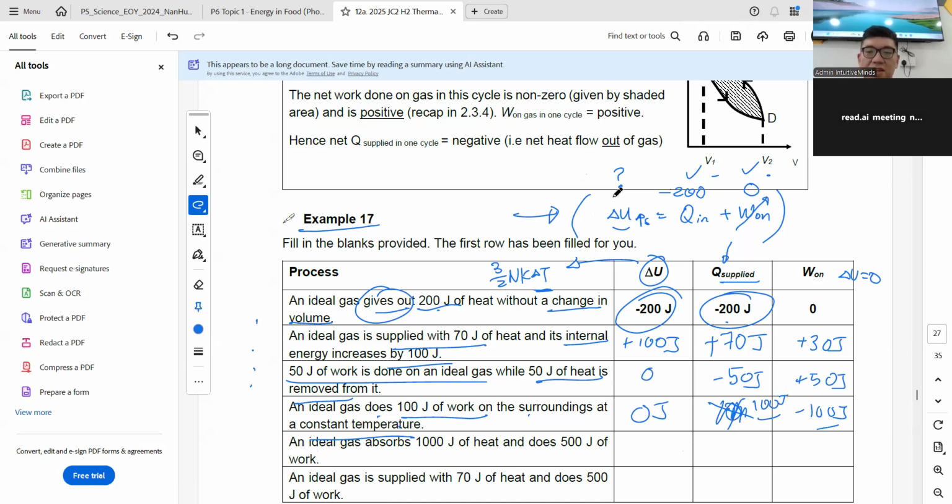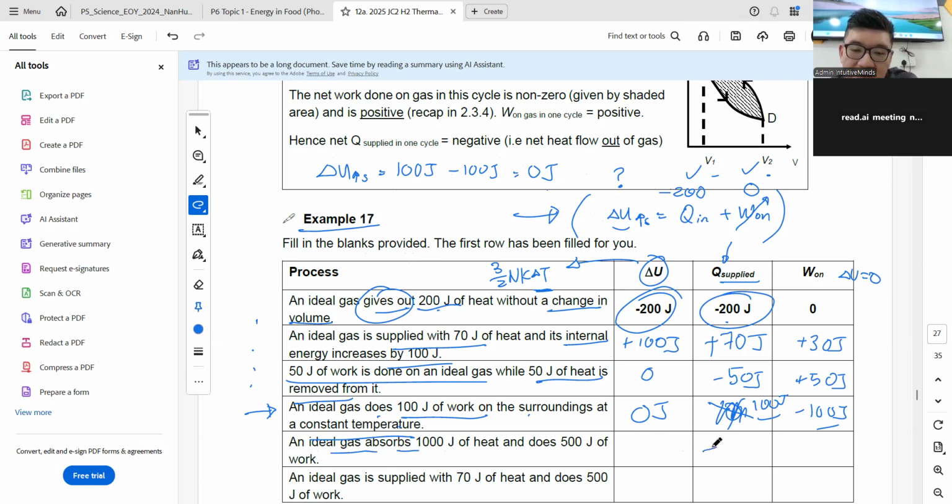So again, use the formula, the first law of thermodynamics, to figure out the third unknown. Try it. Example will be this current one, 100 joules minus 100 joules. That gives you 0. Okay, the next one, an ideal gas absorbs.